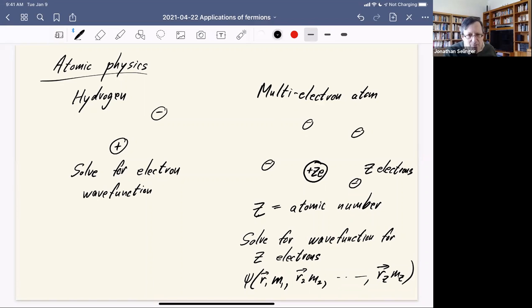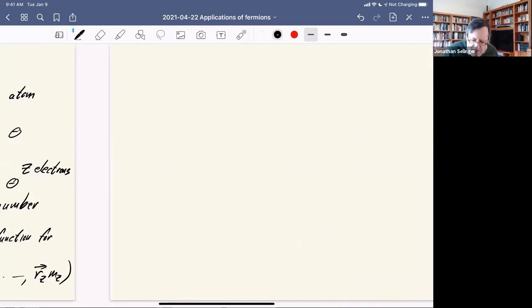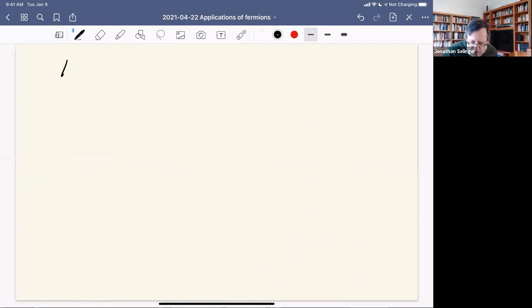This is a hard job. This is a very hard job. And the difficulty is the electron interaction, the interactions among electrons.